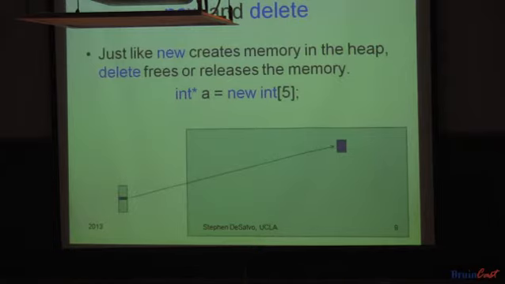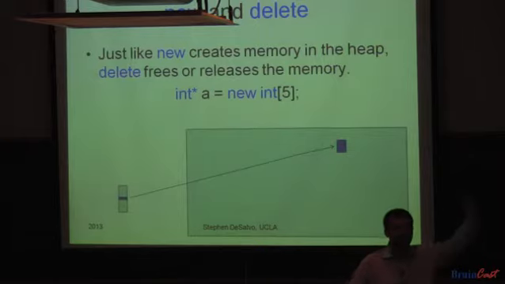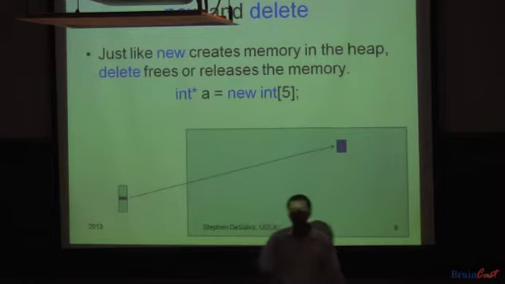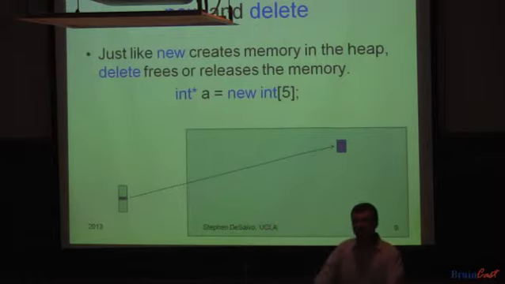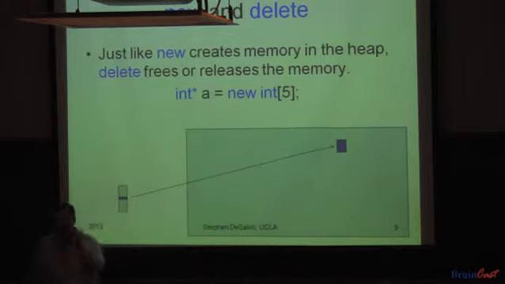Now, when you work with pointers, the idea is as follows. Your pointer is on the stack, and it points to some set of memory on the heap. This is a standard paradigm, but you only get this stack-heap relationship when you see the keyword new being used. So let's dissect what happens here. When you write int pointer A, you're creating a pointer variable on the stack.